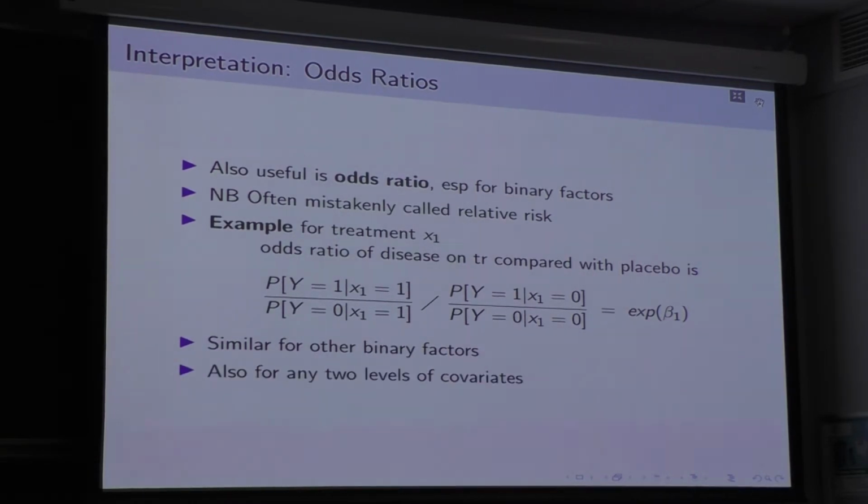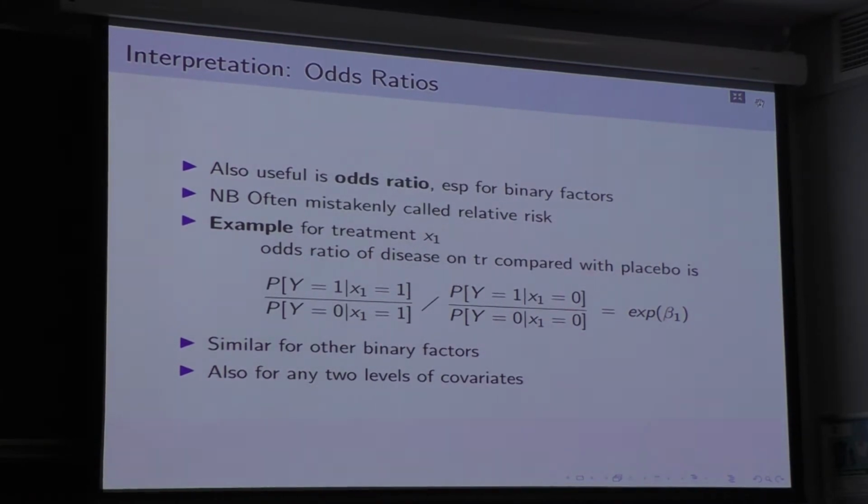But it does it for other binary factors, or you can also do an odds ratio like this, not just with a single x value here, but you could specify two levels of any covariate. So you could ask, what's the difference between somebody who's 40 and somebody who's 50?